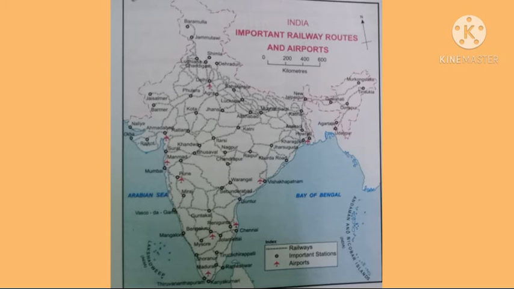If you observe here in the western part, you can see that Vasco da Gama is the important railway station on the route of Mumbai Mangalore. Next question: name the northernmost airport of India. If you observe this map, you can see the northernmost airport of India. It is located in Delhi.